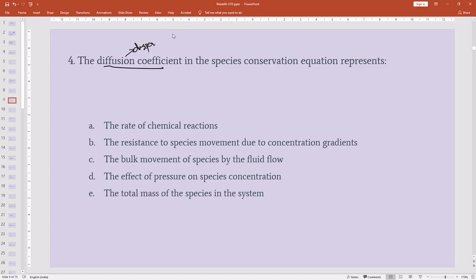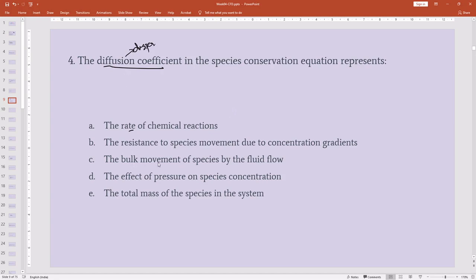The rate of chemical reaction is a time dependent thing, so it won't be there. Then there's resistance to species movement due to concentration gradients. To disperse, it has to infiltrate to the neighboring portions. That resistance is what is known as the diffusion coefficient.